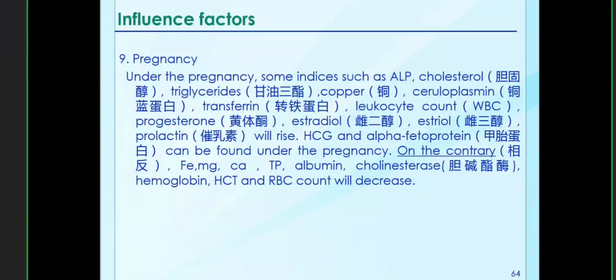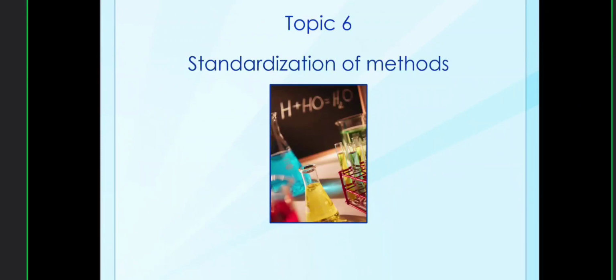On the contrary, iron and Mg, calcium, total protein, albumin, and cholinesterase, hemoglobin, and HCT and RBC count will decrease. So above is about some factors will affect the testing results.